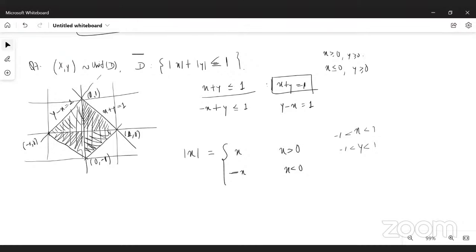Unless you know how this whole thing looks in a 3D picture, it's very difficult to find the actual joint density. So we can have some GeoGebra illustration for that, showing how something that is not uniform looks.